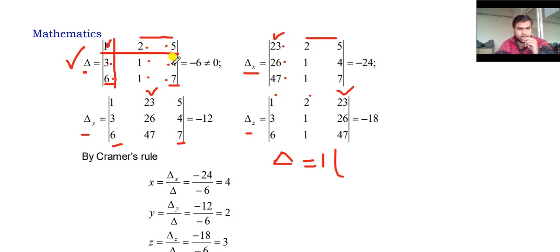This is 1 1 and 4 7. So this 1 is multiplied with 7, 1 into 7, that is 7. Then we write minus this 1 into 4, that is 4. Then we write minus, and the second element 2.